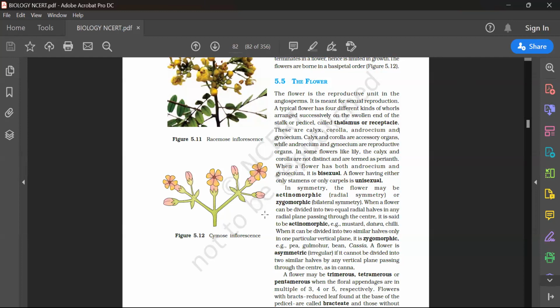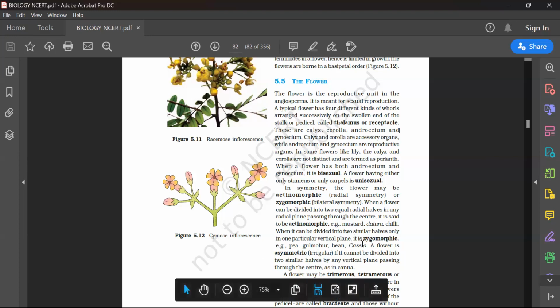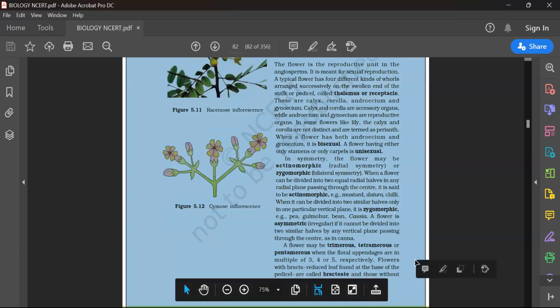Examples are mustard, datura, and chili. When a flower can be divided into two similar halves only in one particular vertical plane, it is zygomorphic. Examples are pea, gulmohar, bean, and cassia. A flower is asymmetric if it cannot be divided into two similar halves in any vertical plane passing through the center. An example is canna.